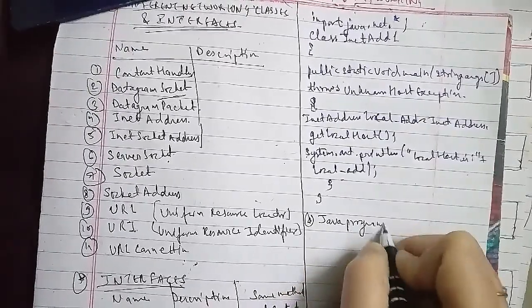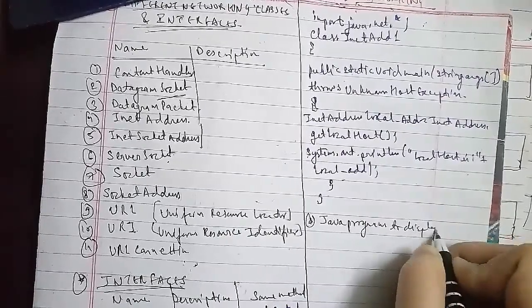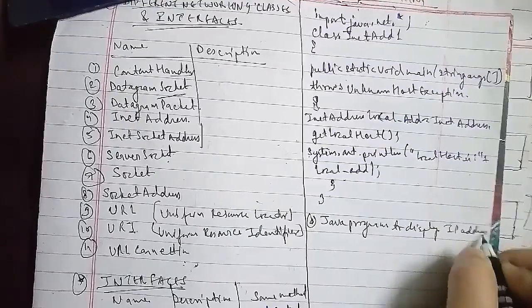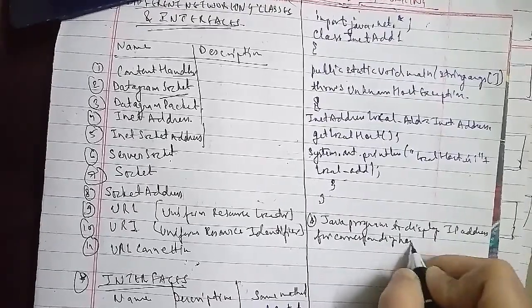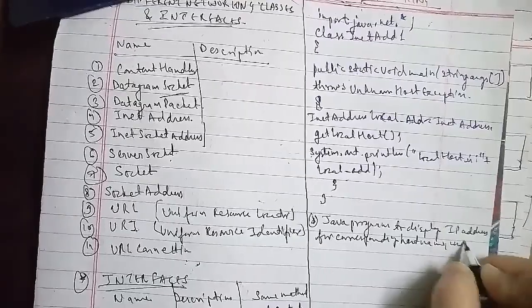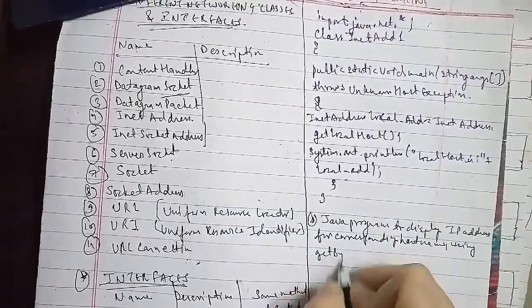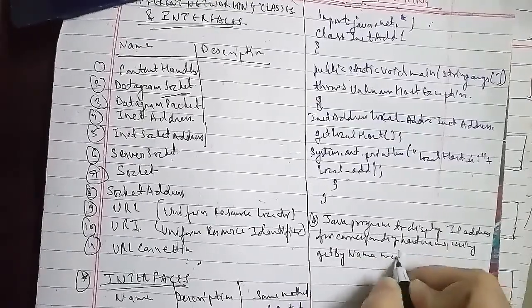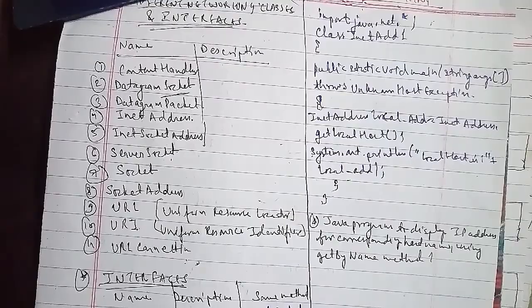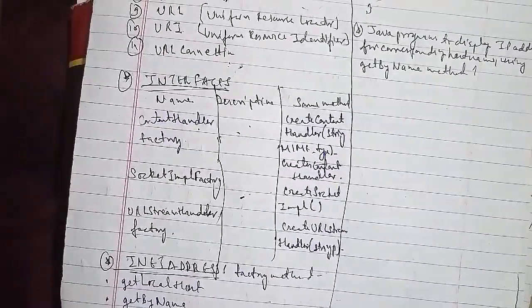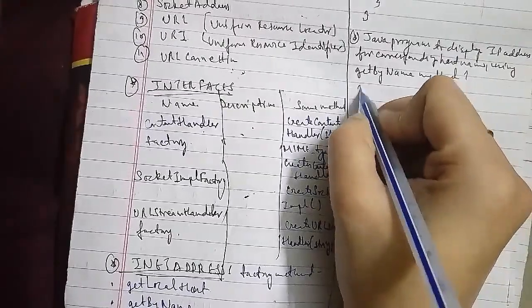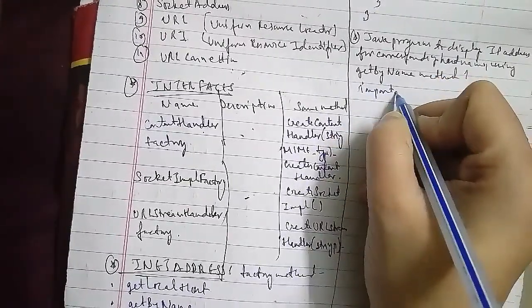So here we will start by writing import java.net, then after that class InetAdd2, start another curly bracket, public static void main, String args throws UnknownHostException, then start another curly bracket.